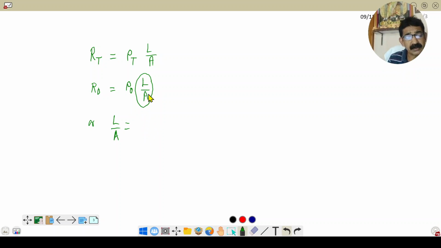L by A is equal to, from the second equation, R naught by rho naught.